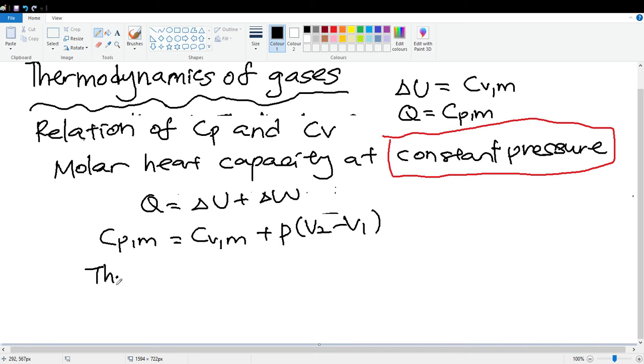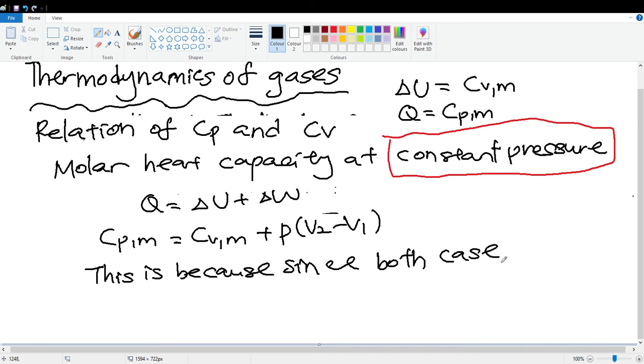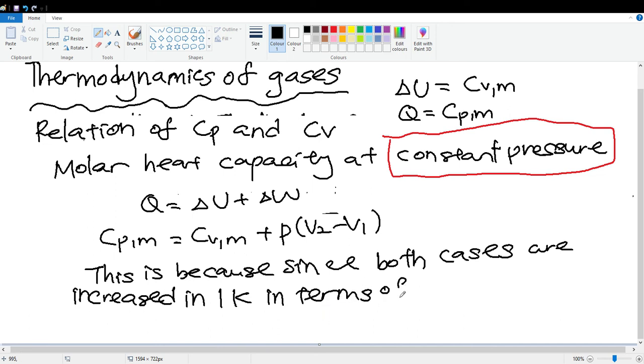This is because both cases are increased by 1K in terms of delta T, hence the internal energy is equal to Cvm for both cases.